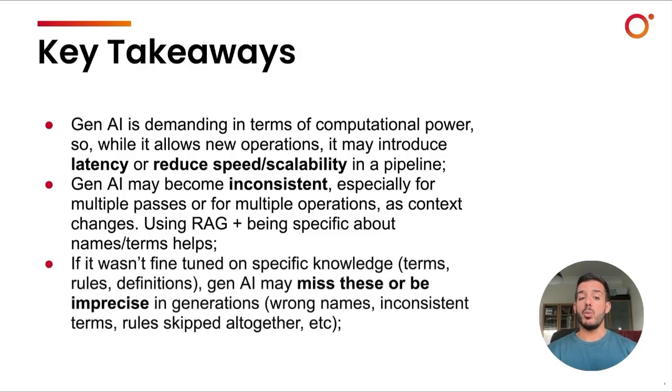And also, if it wasn't fine-tuned on specific knowledge, as we just mentioned, right, terms, rules, or definitions, GenAI may miss these or it may be imprecise in generations, right? Wrong names, inconsistent terms, rules that are skipped altogether, and so on. Unless you keep reminding an LLM of what a specific term is, or unless it has been trained enough to really know what the term means, at some point it's going to forget the term as the context window slides.